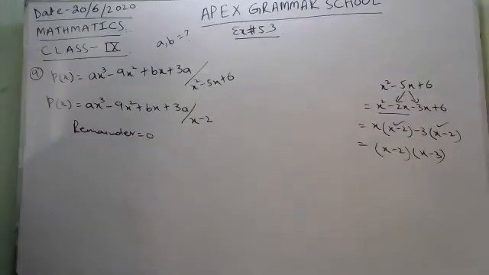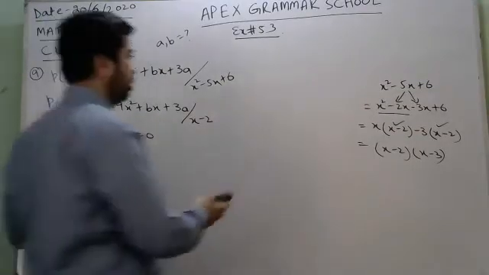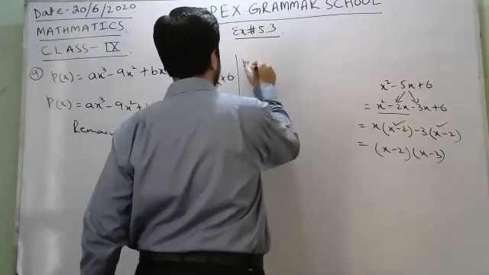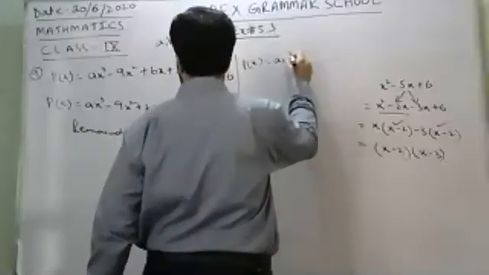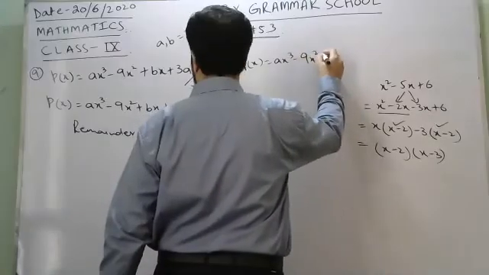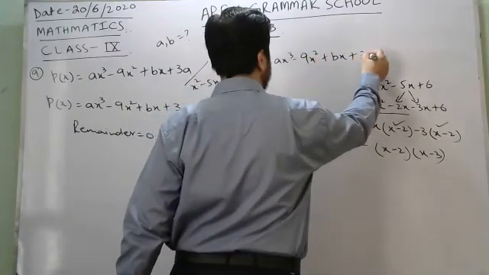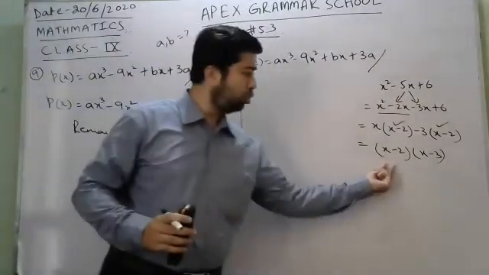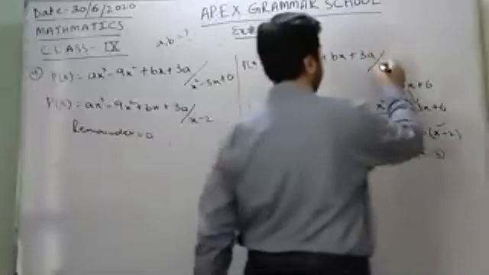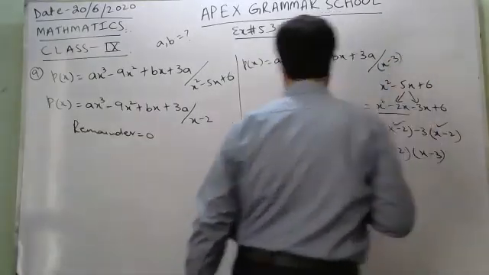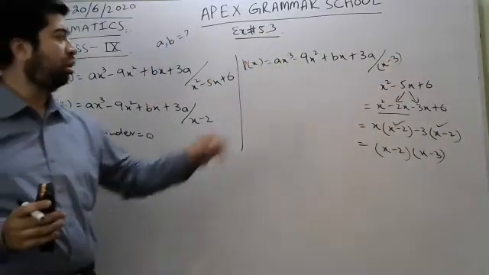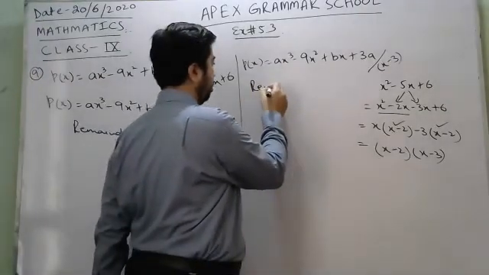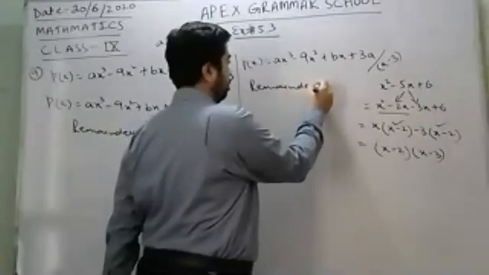So now, in the other situation, p of x is equal to ax cube minus 9x square plus bx plus 3a, and the first divisor is x minus 2, the second divisor will be x minus 3, and after dividing this, you will get the remainder 0.